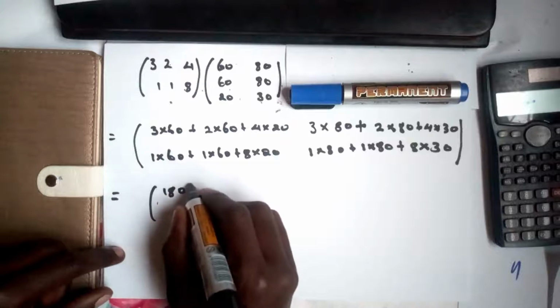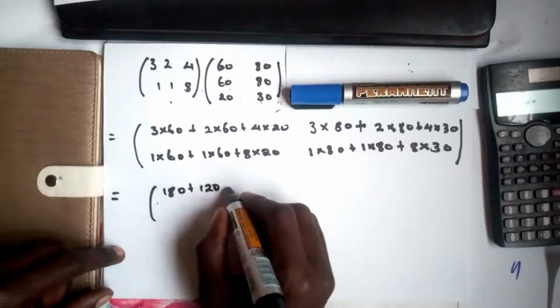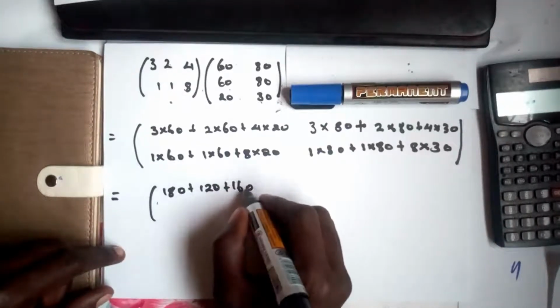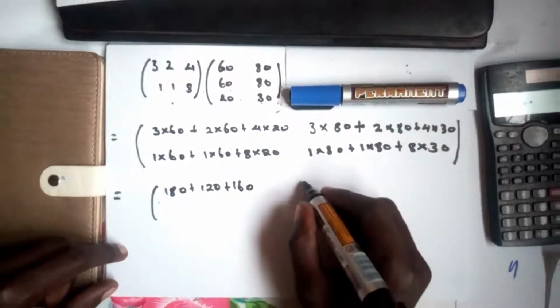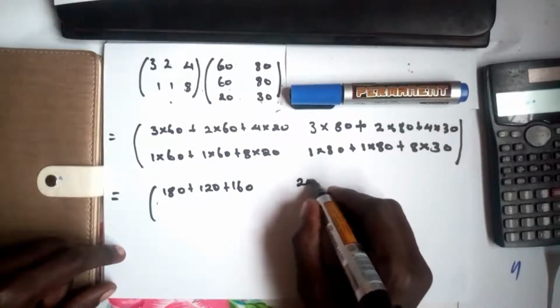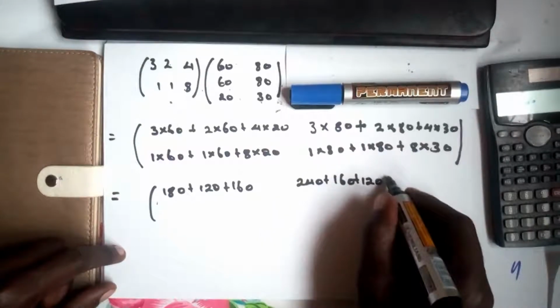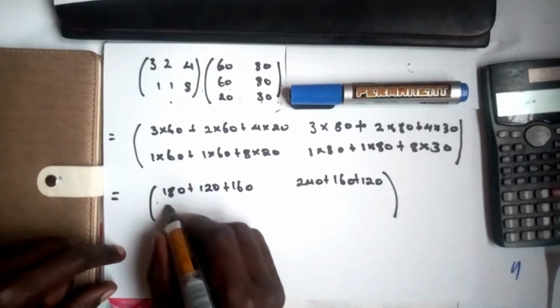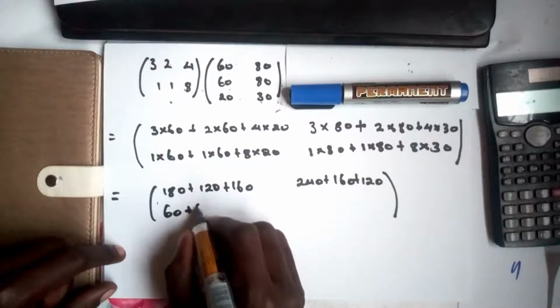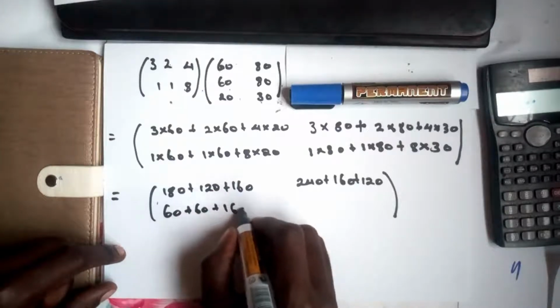Which is 180 plus 120 plus 160. This is 240 plus 160 plus 120, 60 plus 60 plus 160.